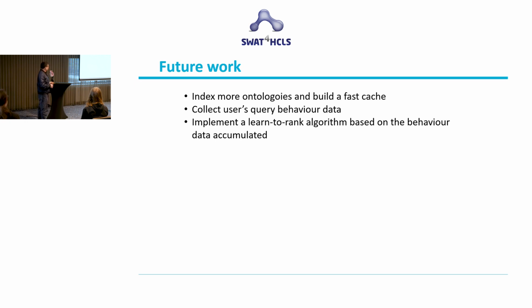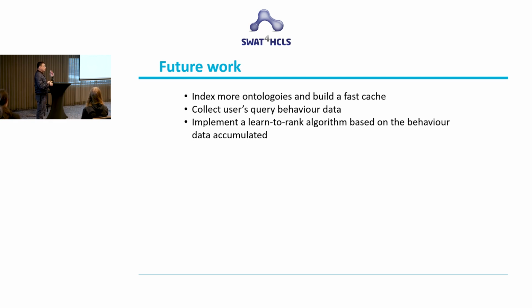Then future work. We would like to index more ontologies and build a faster cache. As you see in our demonstration, we are only using 1 ontology, and that is obviously not enough. Regarding the ranking, you see that we utilize a very simple one, because we are restricted by the data set we have.